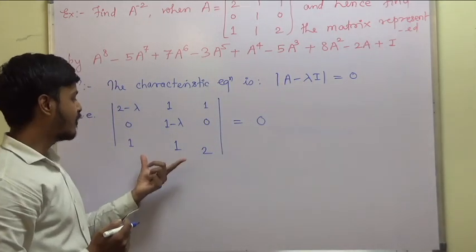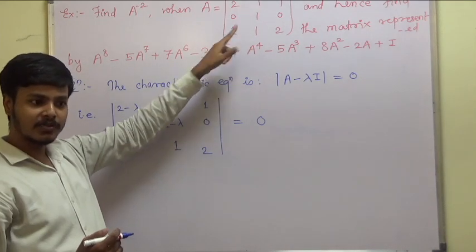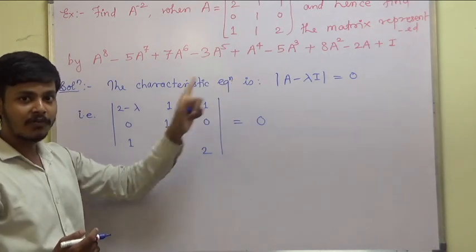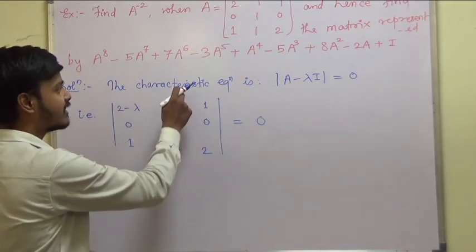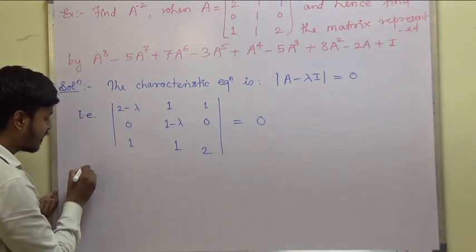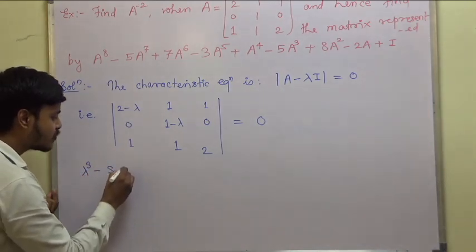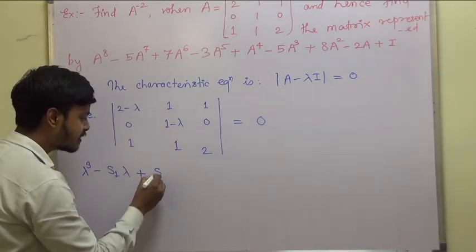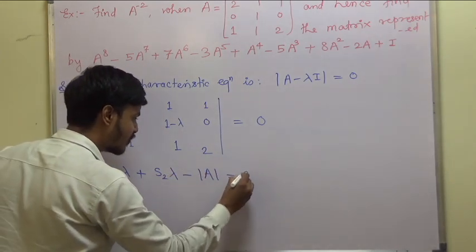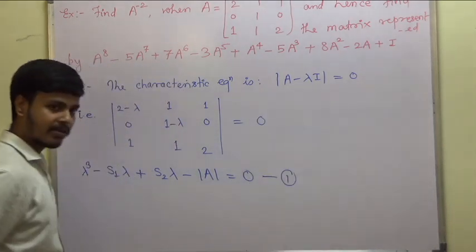Now this is a matrix of order 3, so we will get a characteristic equation of order 3. The characteristic equation would be a cubic one. Let us write down the equation: lambda cube minus S1 lambda square plus S2 lambda minus determinant of A is equal to 0, and say this is equation number 1.